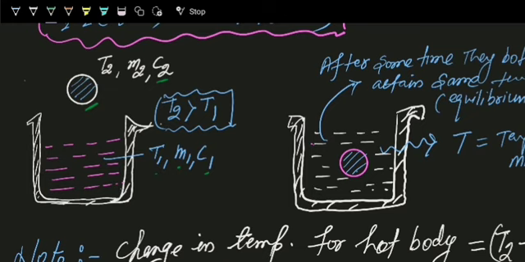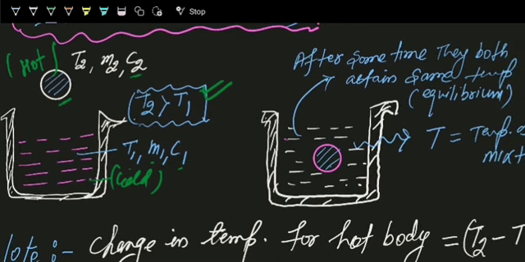Here I have considered that this ball has higher temperature and this liquid is at lower temperature, so I have written T2 is greater than T1. This metal ball has high temperature and this liquid has low temperature. So this one is our cold liquid, this one is our hot body.